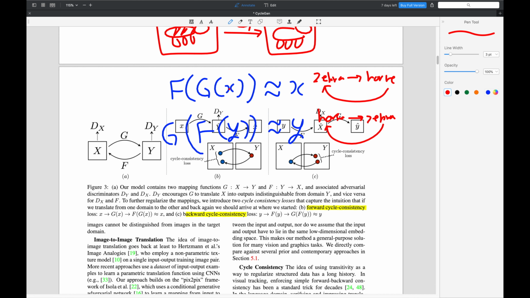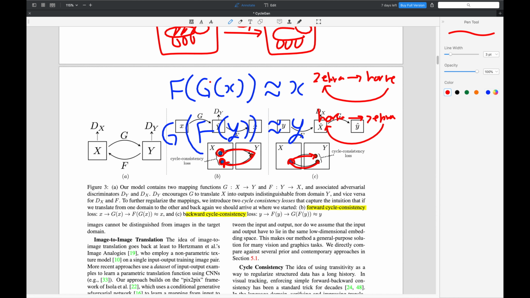That way, when we put X into G, it will produce X, and when you put that into F, it'll just produce X and look similar to the original X. So even though cycle consistency minimizes the distance between the input and the translated back version in both directions from X to Y and Y to X, it doesn't really ensure that the translated images look like they're from either domain Y or domain X.